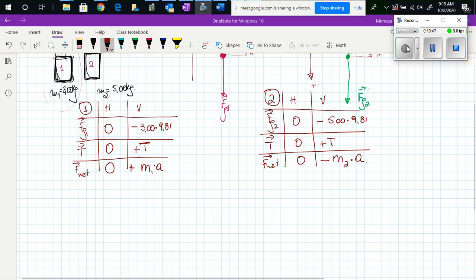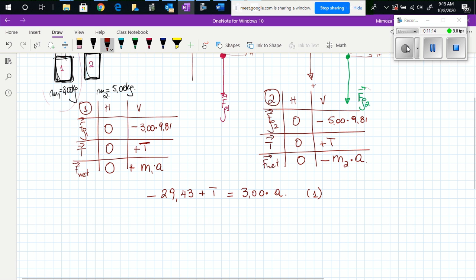And then what we can figure out from the vertical component of object 1: 3 times 9.81 is negative 29.43, plus T is equal to mass 1, that is 3, times acceleration. And this is the result of the vertical component of object 1.